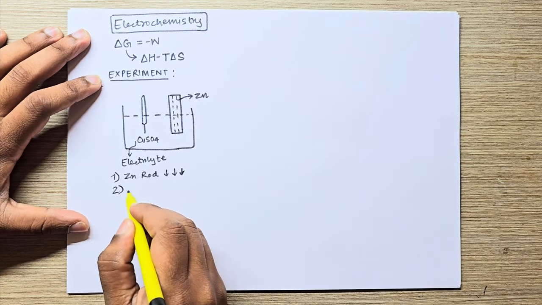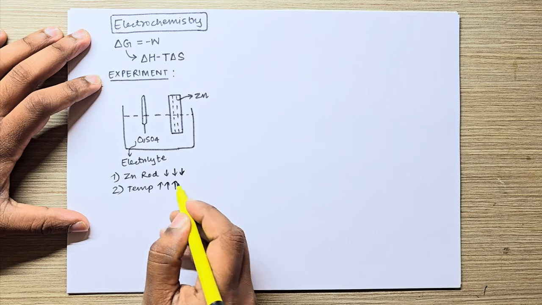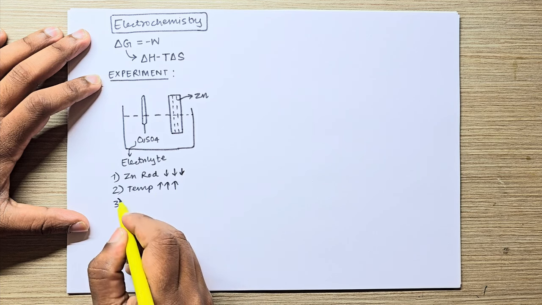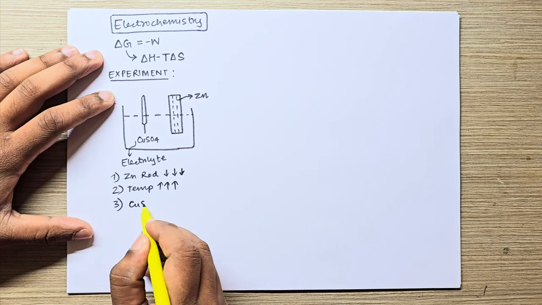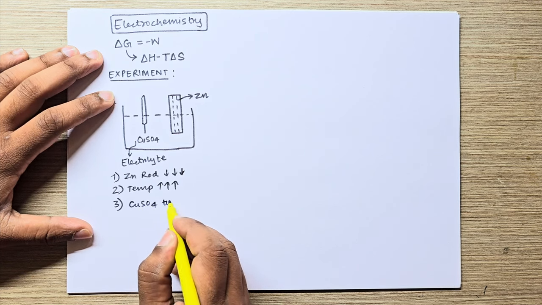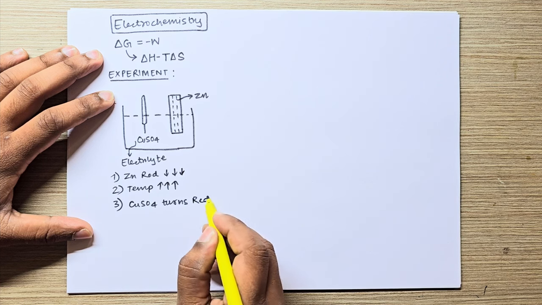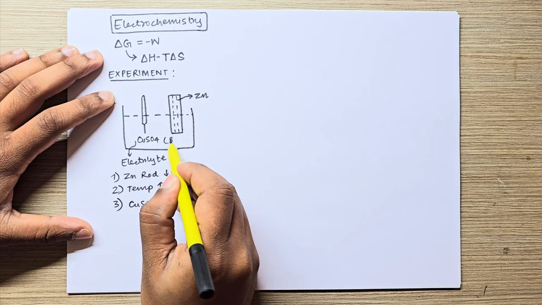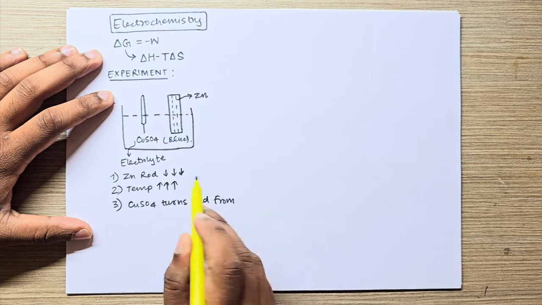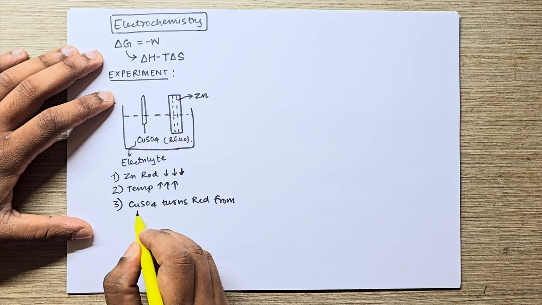The second thing is that the temperature rises. The third thing is that the CuSO4 solution turns red from blue. Actually, it was blue, but after some time it was converted from blue to red.